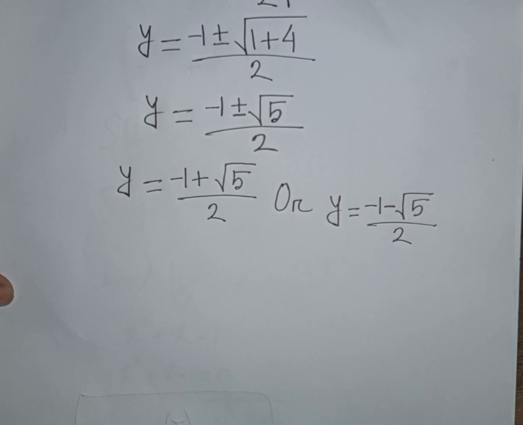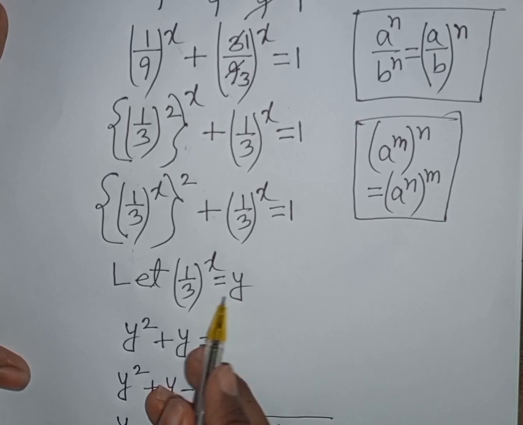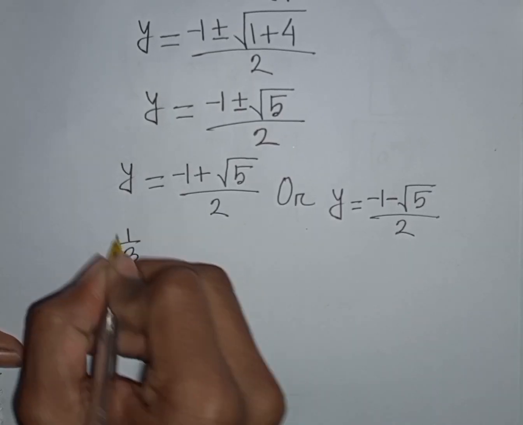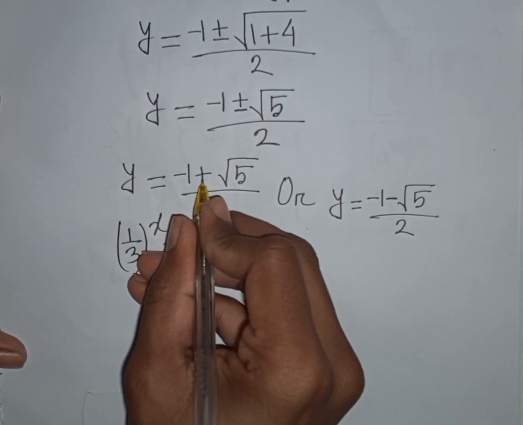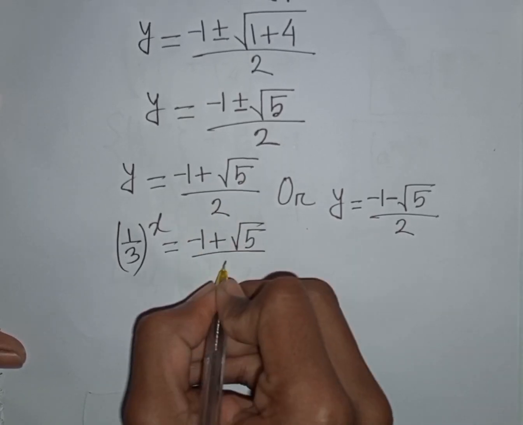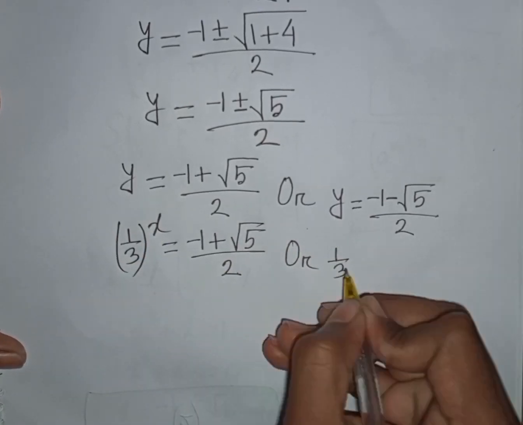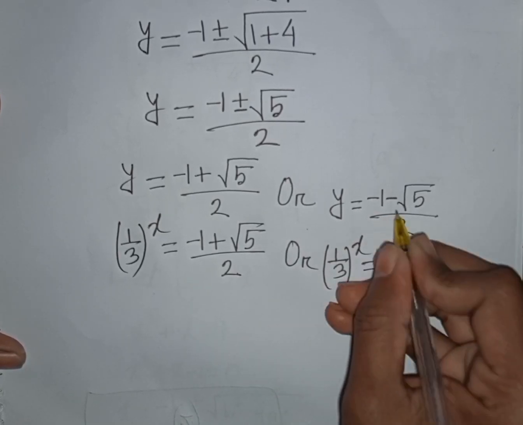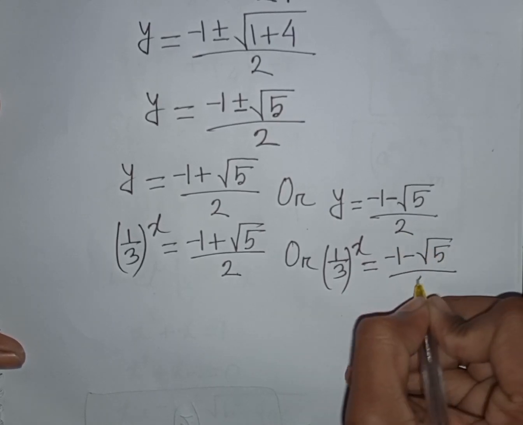Now remember that we let 1 by 3 bracket power x be substituted by y. So 1 by 3 bracket power x is equal to minus 1 plus square root of 5 divided by 2, or 1 by 3 bracket power x is equal to minus 1 minus square root of 5 divided by 2.